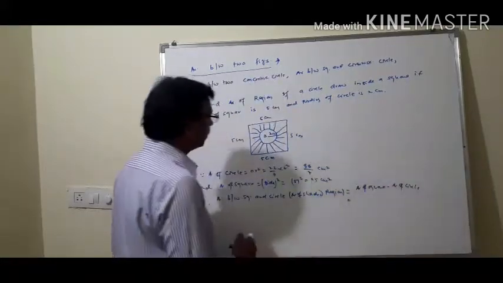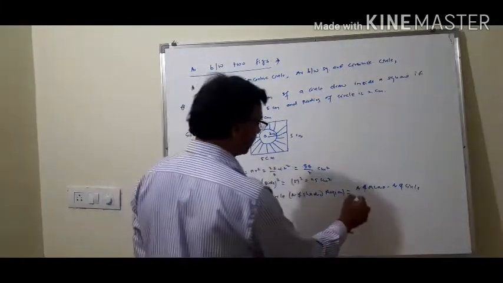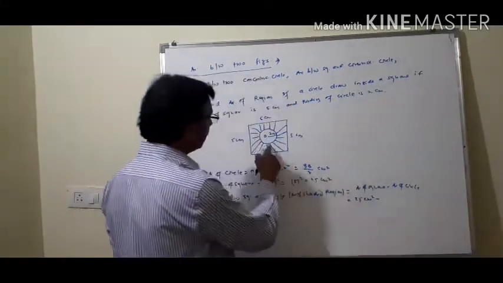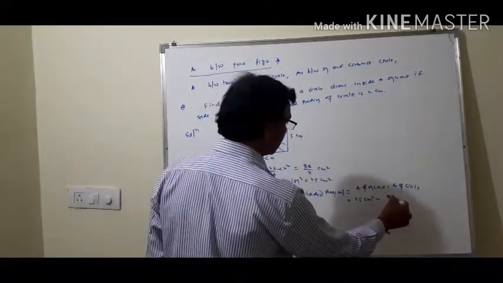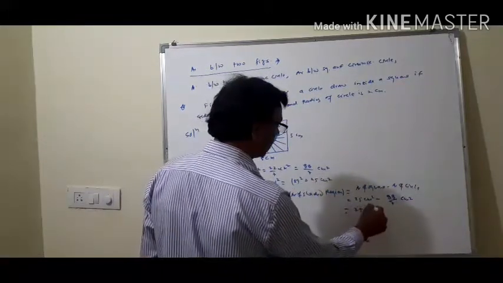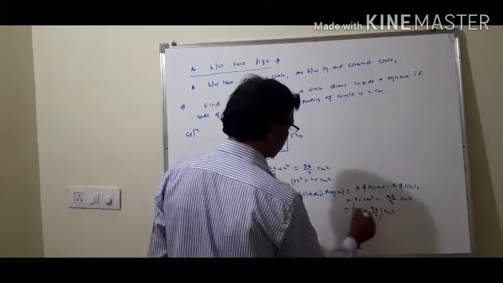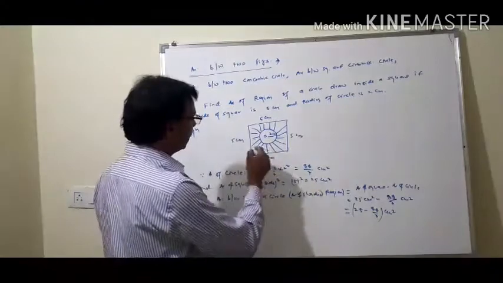This will be equal to the area of the square, which we have already calculated as 25 centimeter square, minus the area of the circle, 88 upon 7 centimeter square. That means 25 minus 88 upon 7 centimeter square. This is the area of the shaded region.